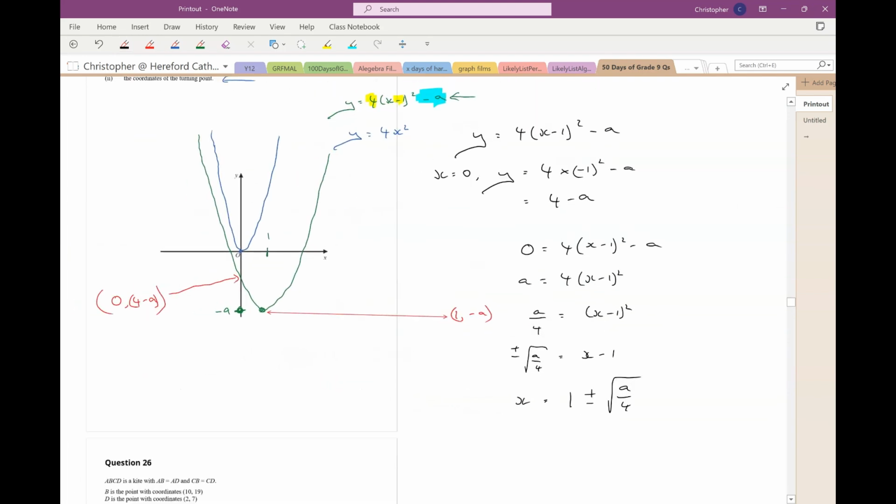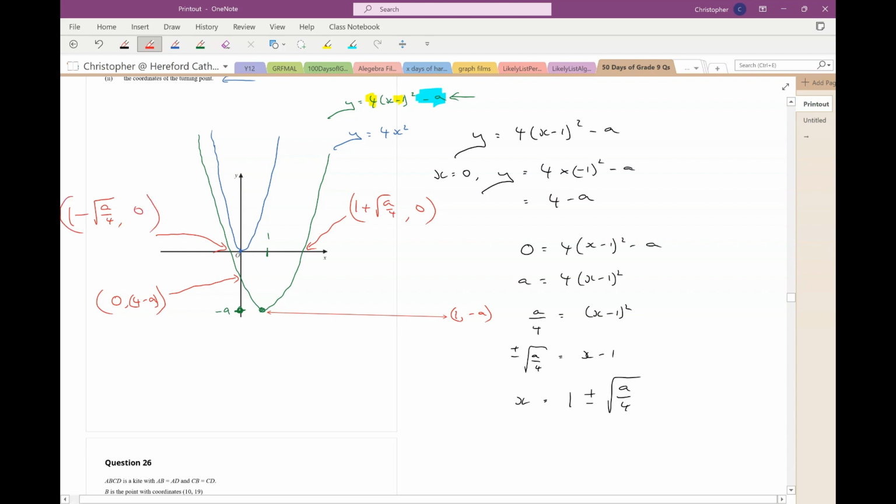So here are the points then. We've got this point here, which is going to be obviously a positive x coordinate, so 1 plus the square root of a over 4, comma 0. And then you've got this point here, which has got a negative x coordinate, so it's going to be 1 minus the square root of a over 4, comma 0.